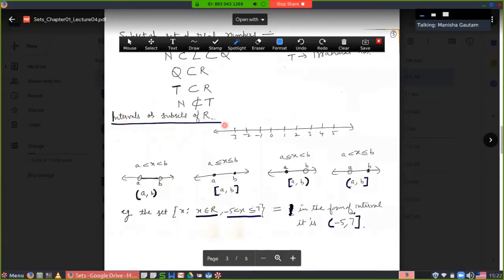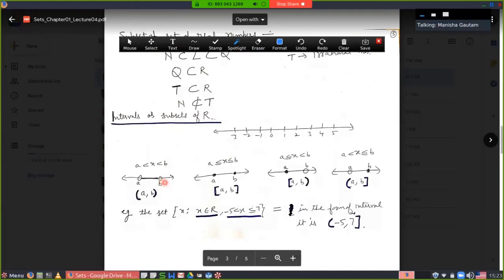What is the meaning of this? I can write minus 1, 0, 1, 2, 3, 4, 5, these numbers. But how will I write numbers between 0 and 1, 1 and 2, between 2 and 3, between 3 and 4? If I want to write the numbers between these numbers, then intervals are required to represent them. Here are 4 intervals. First interval is written here.